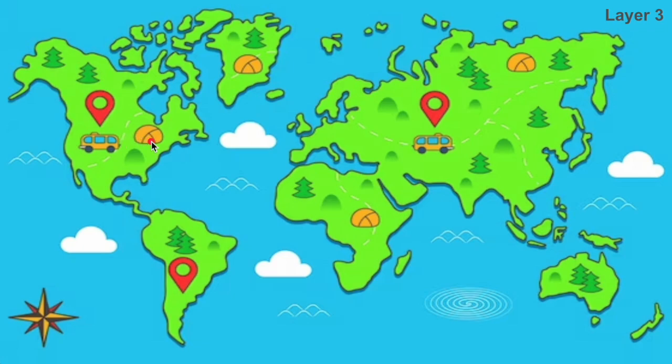So it can be sent from here in New York all the way to Tokyo, Japan. So there are no limitations to where the data can go. And for it to be able to be sent between networks, it needs IP addresses. This is where routers come into play, because routers are used to transfer data between networks.